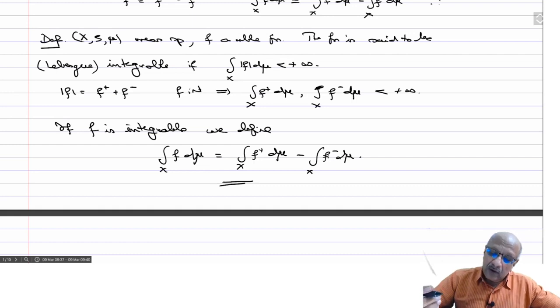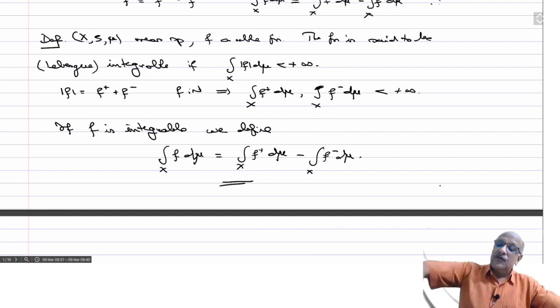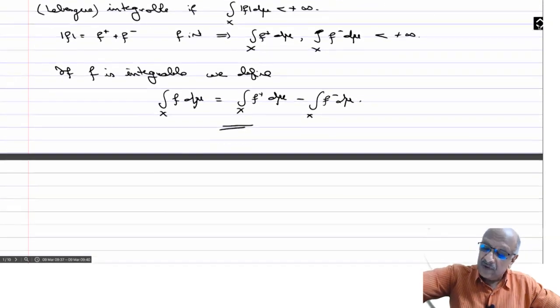Therefore we look at integrable functions, namely functions for which you can definitely define the integral, that is those for which both are finite, and therefore the integral of mod f is finite.